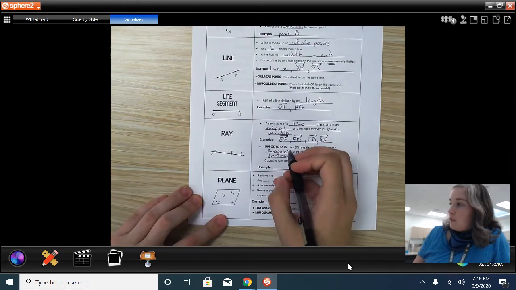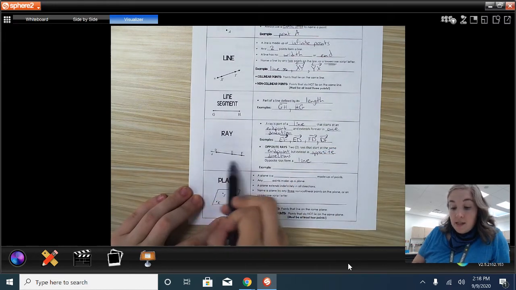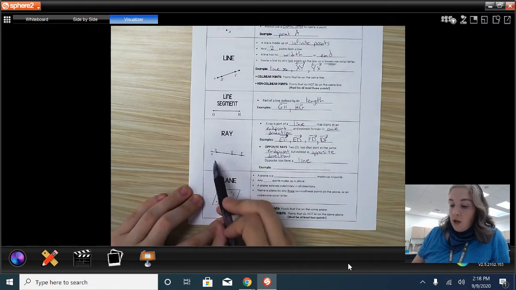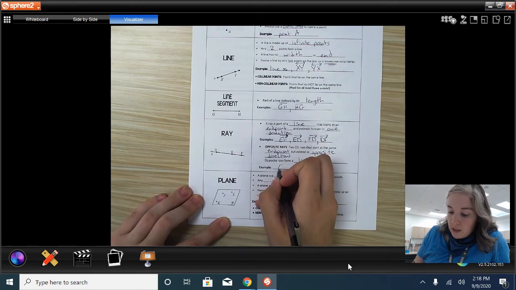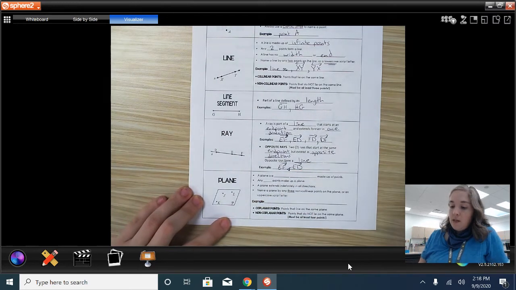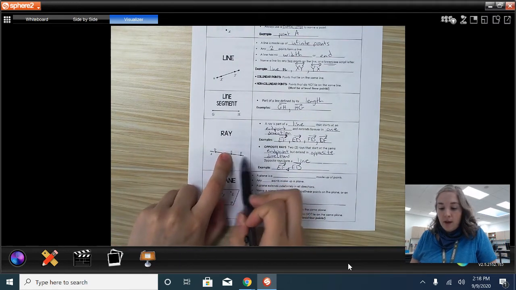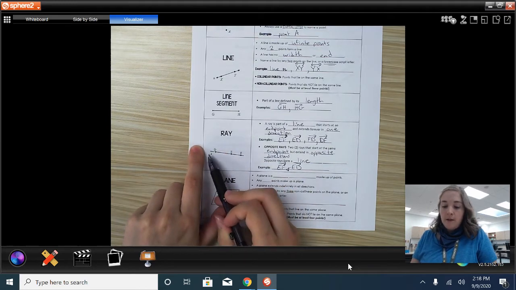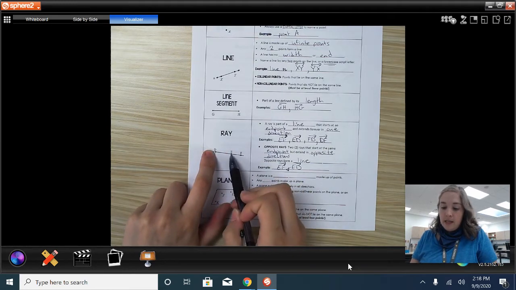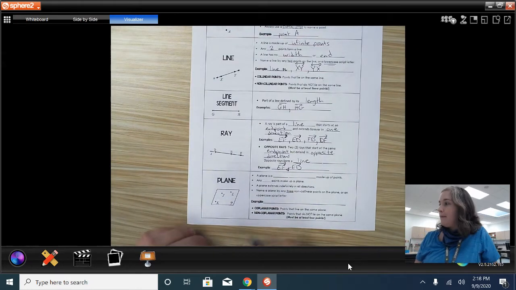So opposite rays form a line. In this case, when we look at this example here, opposite rays would be EF and ED. All right. EF and ED are opposite. They both start at E. One goes towards F. One goes towards D. DE and ED would not be opposites. They don't have the same endpoint, all right?